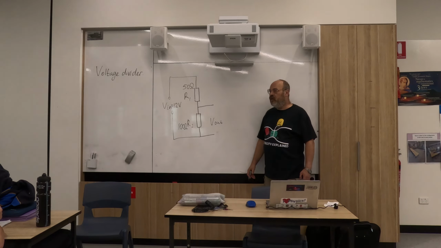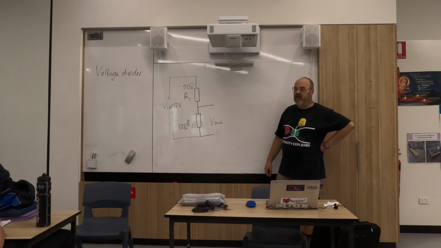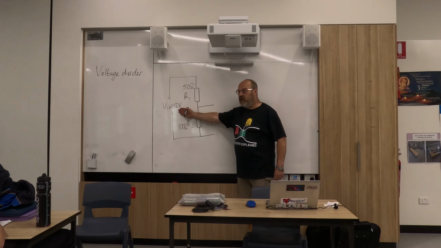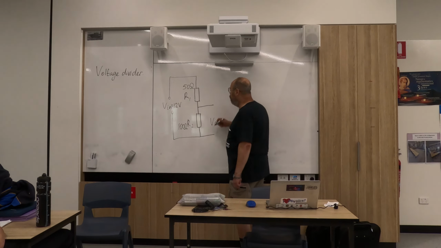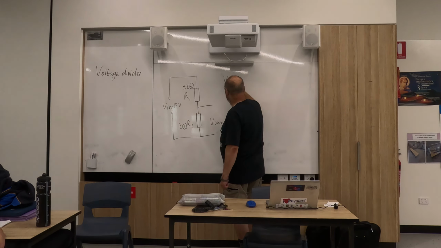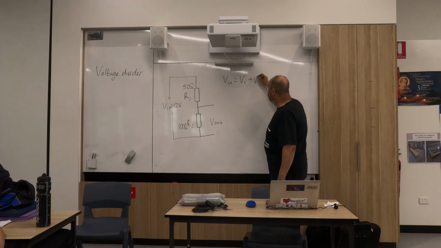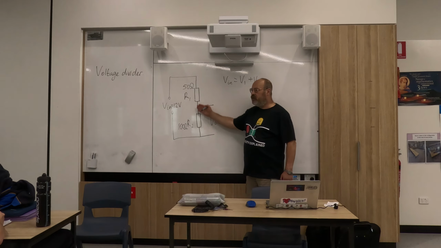As we know, in series, what do we know about the voltage in a series connection? It's shared: the total voltage equals the sum of the voltages across each resistor. So we will have that voltage in equals voltage across resistor 1 plus voltage across resistor 2. What will be the total resistance of this connection?